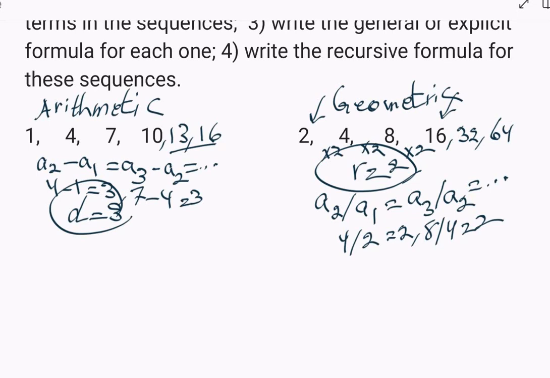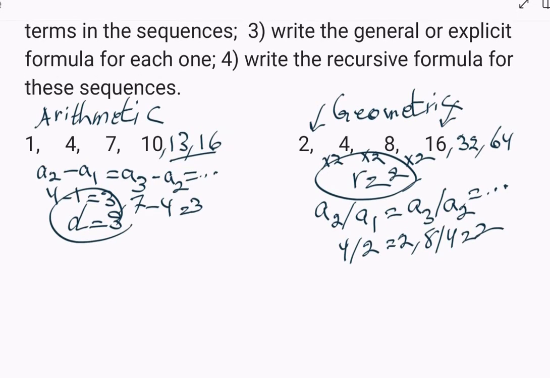The next part is asking to find the general formula and the recursive formula. For the arithmetic sequence, a sub n equals a sub 1, which is 1, plus n minus 1 times d. What is d? 3. All right, simplify it and combine like terms.